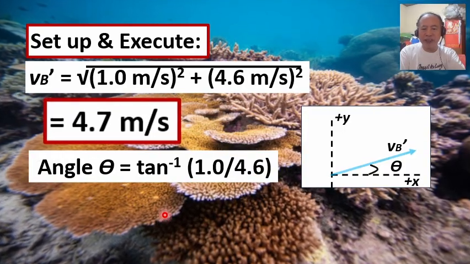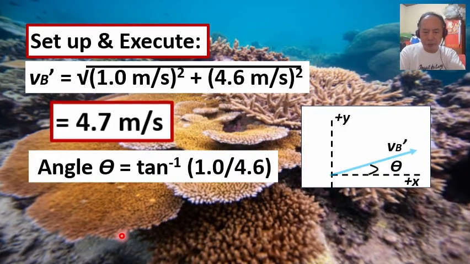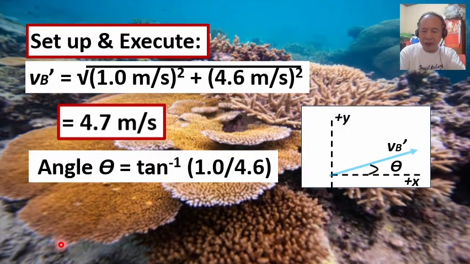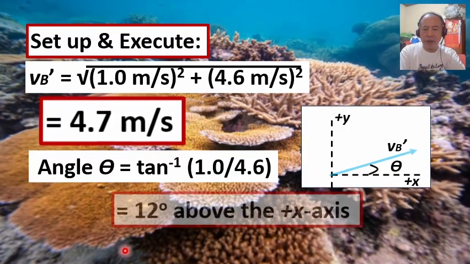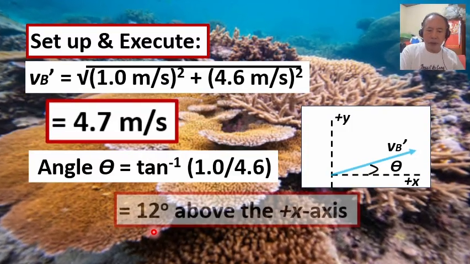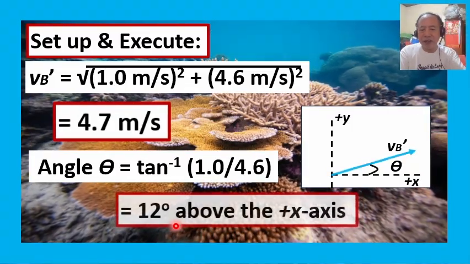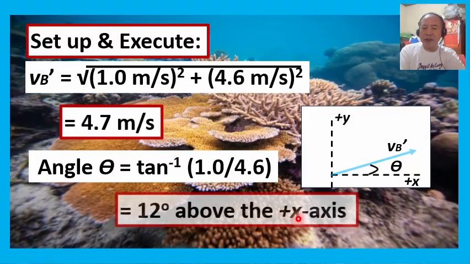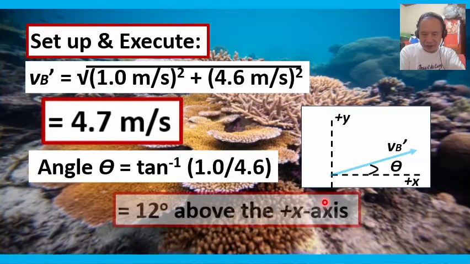So with the help of your scientific calculator, we find that the angle theta is equal to 12 degrees, and that is above the positive x-axis.